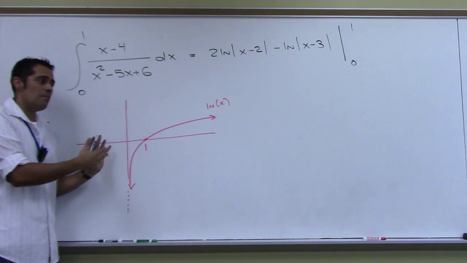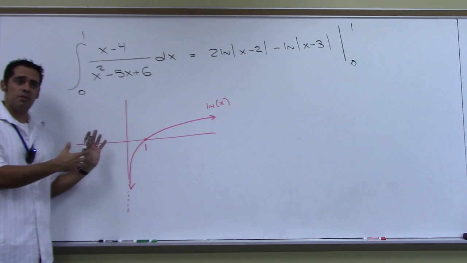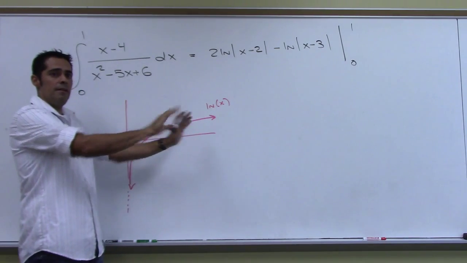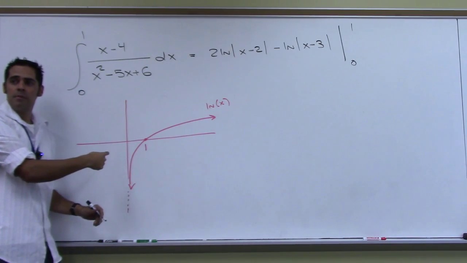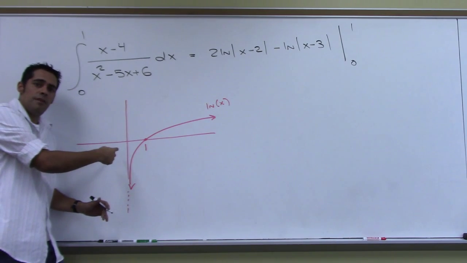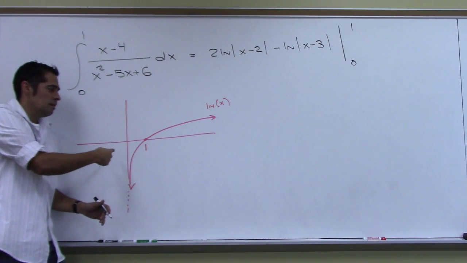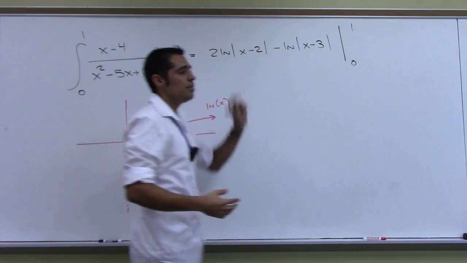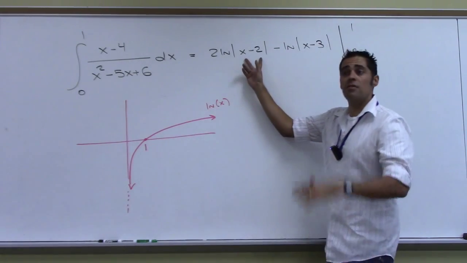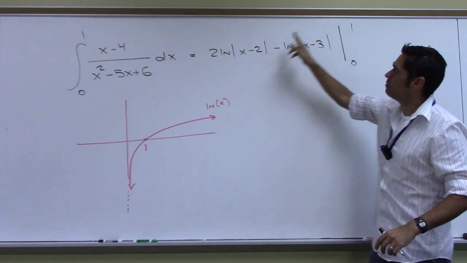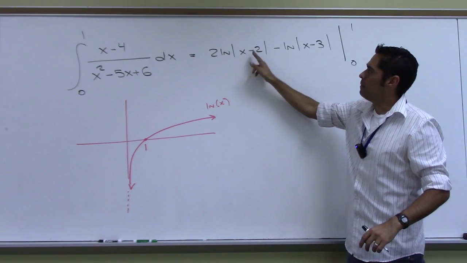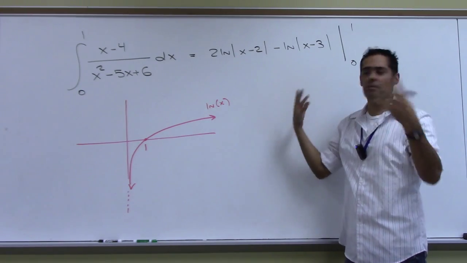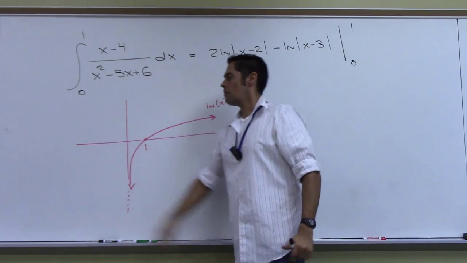So the domain of the natural log function is everything from 0 to infinity, not including 0. You cannot plug 0 into the natural log function. It's undefined. You can't plug negatives in. So these absolute values are going to save us when we plug 1 in here. It would be 1 minus 2, which is negative 1. And if we didn't have the absolute value there, we can't even do it, right?